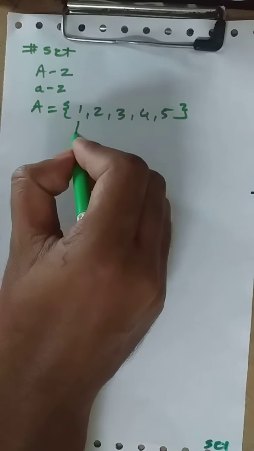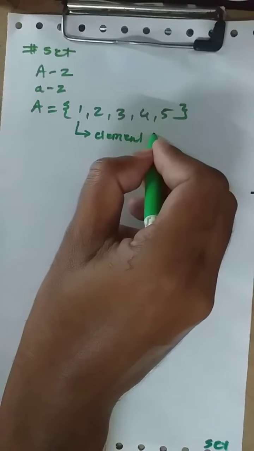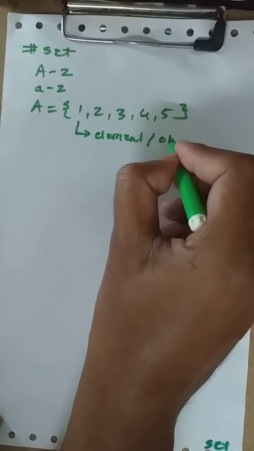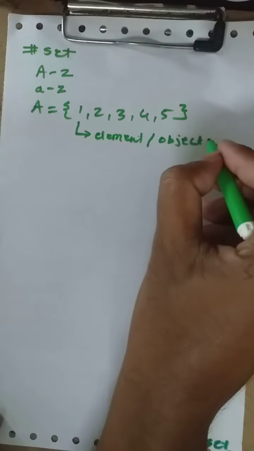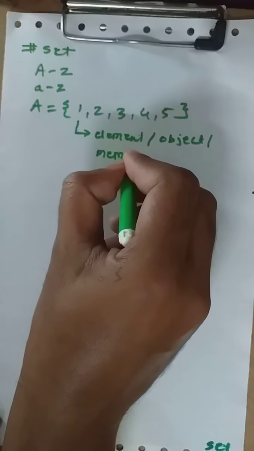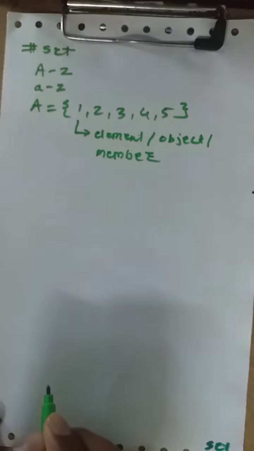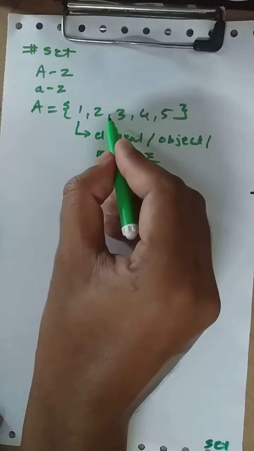It is also called elements, object, or member, and these are separated by commas.